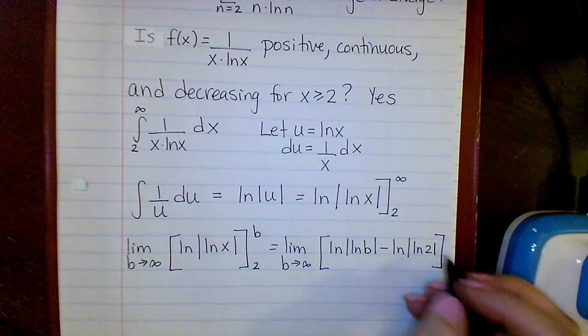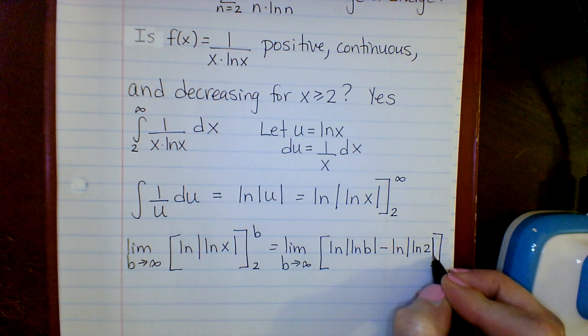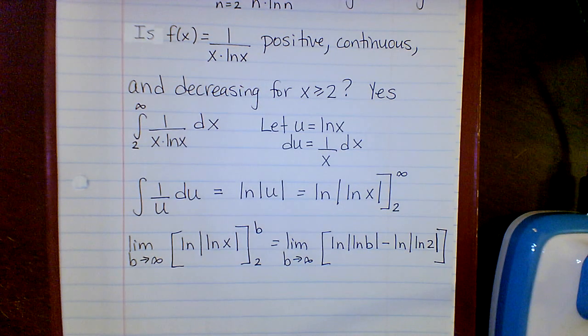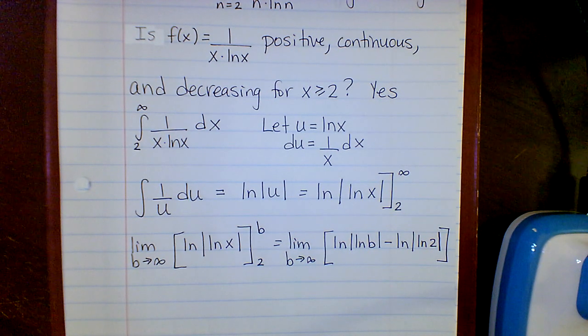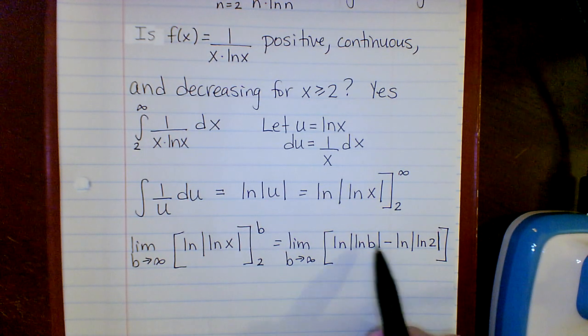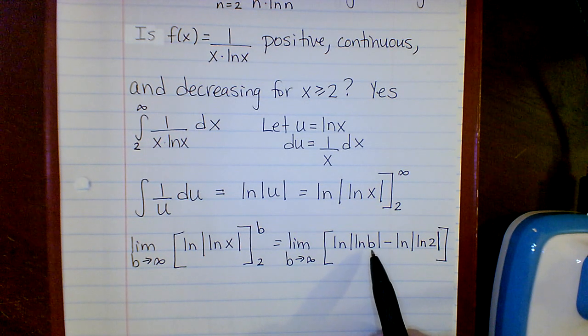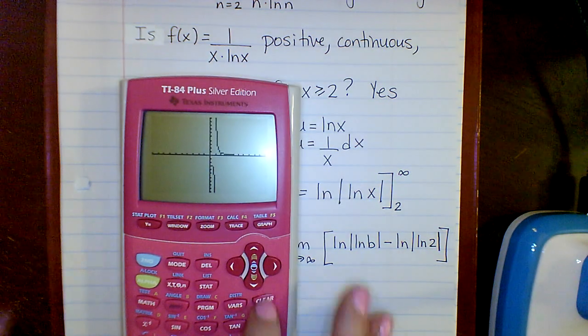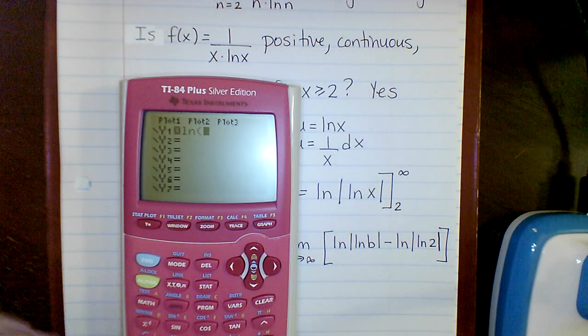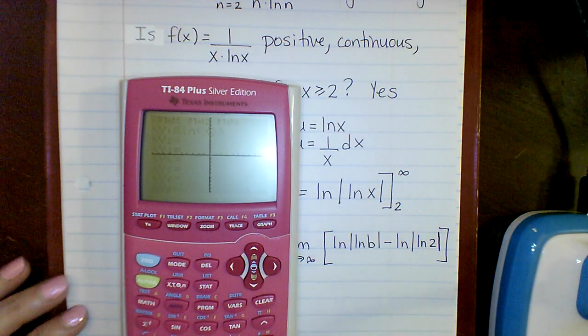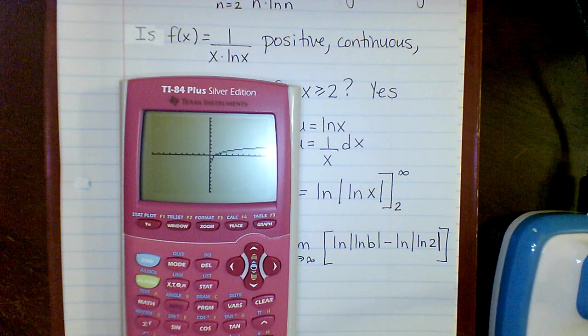Okay, so what is all this doing? Well, as b goes to infinity, the natural log function, just in case you don't know what it looks like, looks like that. It is an increasing function.